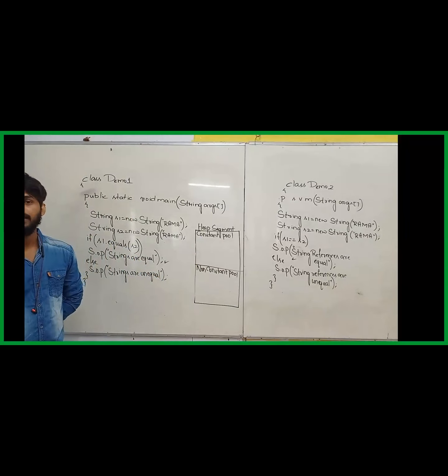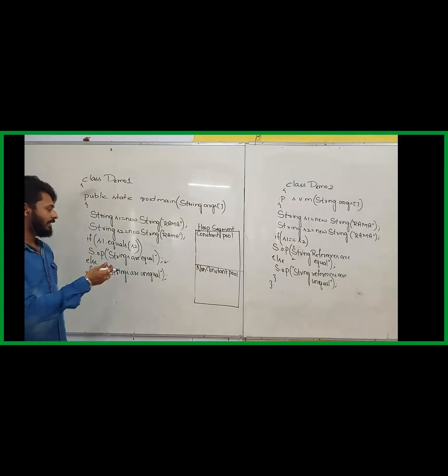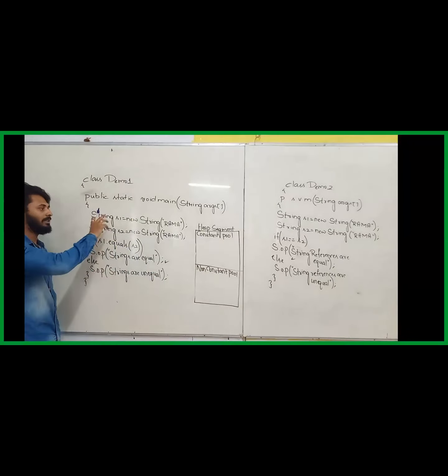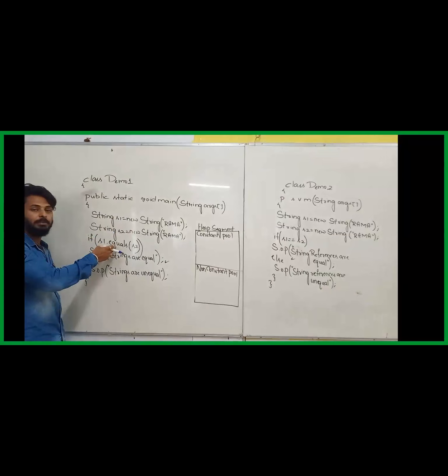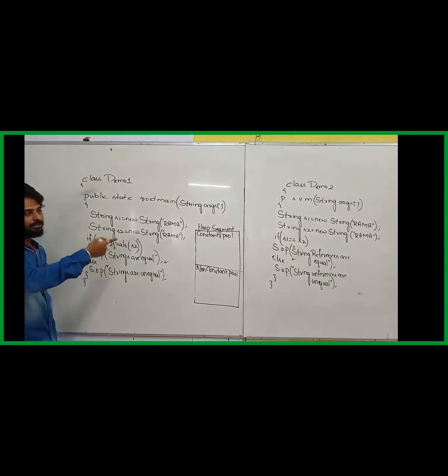Both are the same programs, but the only difference is whether I use the dot equals method or the equal to operator. The program is the same, but if I erase this and write that one, how will you see this one? That is the reason I'm writing it side by side.